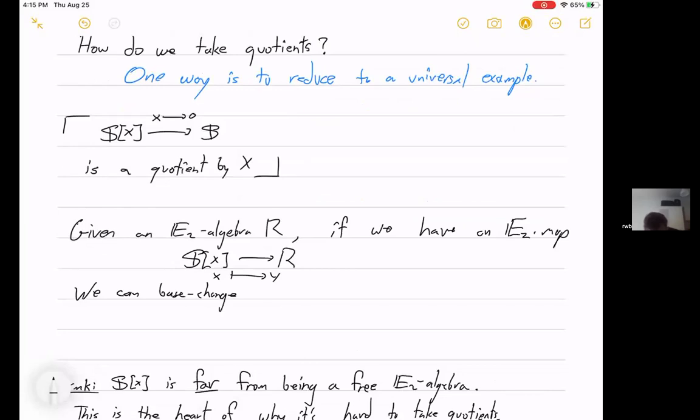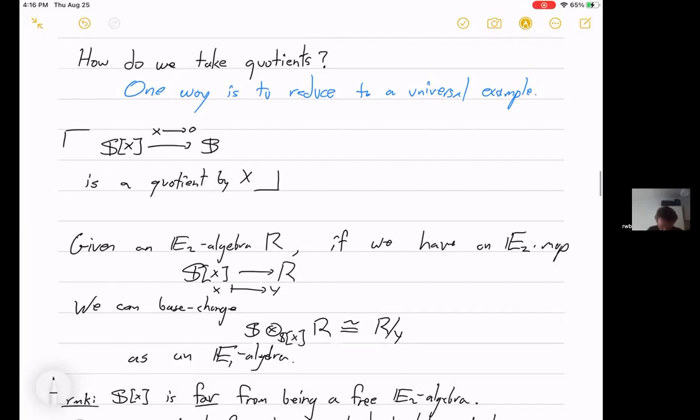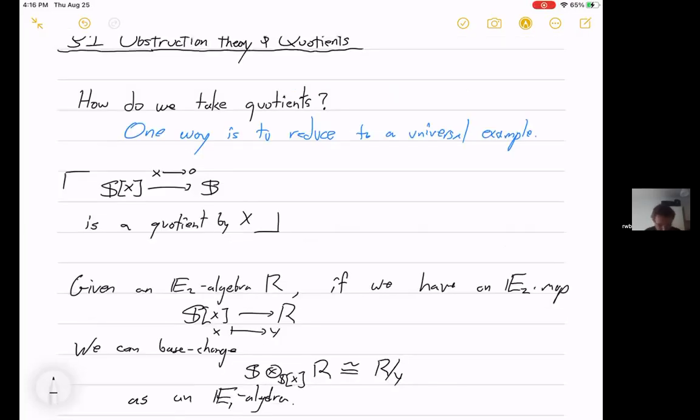So this gives us S tensor over S adjoin X with R, let's call it R mod Y, as an E1 algebra. And so there we have it, we have a quotient. That's our first quotient of the day.